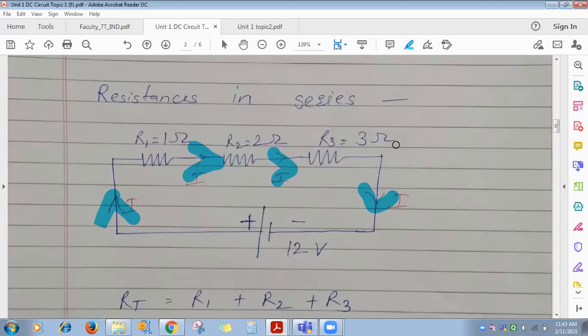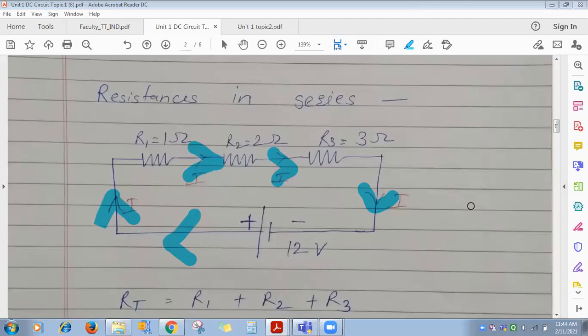Now I'll use the conventional direction of current. I'll show the current starting from the positive terminal of the battery and moving toward the negative terminal. If you observe, the current flowing through R1, R2 and R3, that is 1, 2 and 3 ohm, is the same. The same current flows through the resistances, which means these resistances are said to be connected in series.